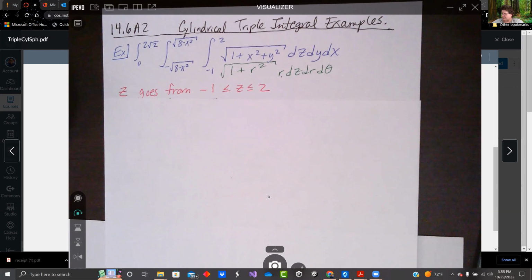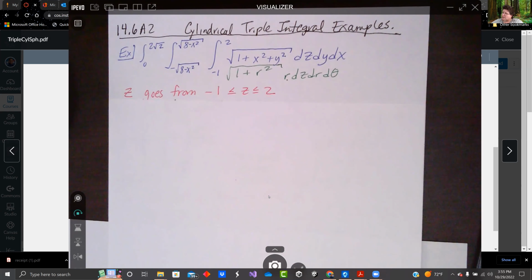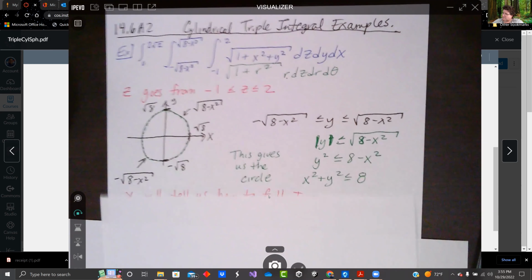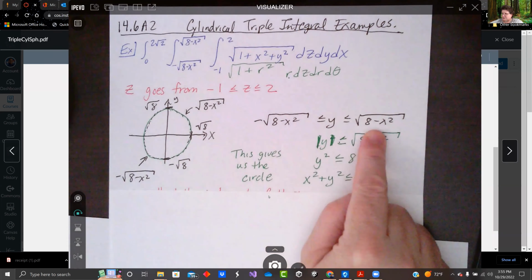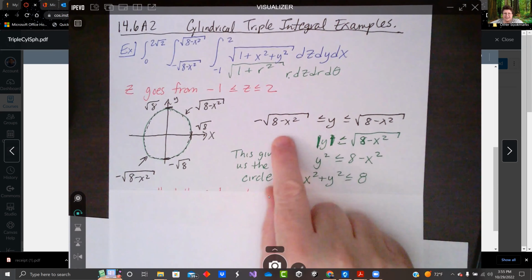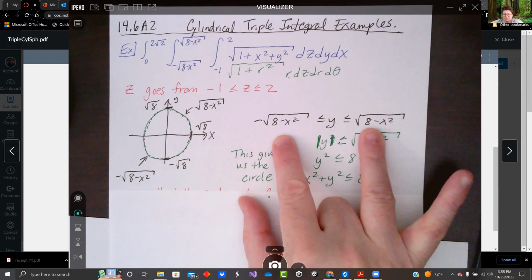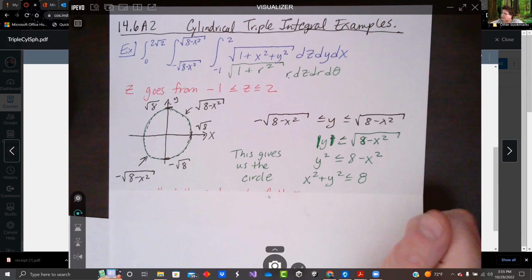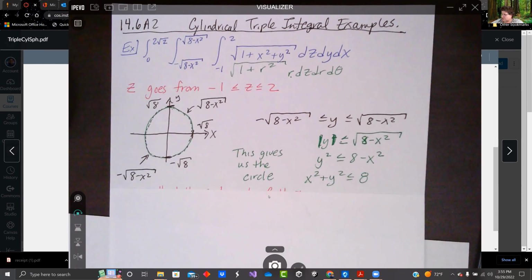What do the y and z components tell us? Y is saying that, well, it's between these two. When you have a negative and a positive on the equal sides of the sandwich inequality, it is the same thing as the absolute value of the middle thing less than or equal to the positive one. So I square both sides, and I see this is a circle with radius square root of 8.